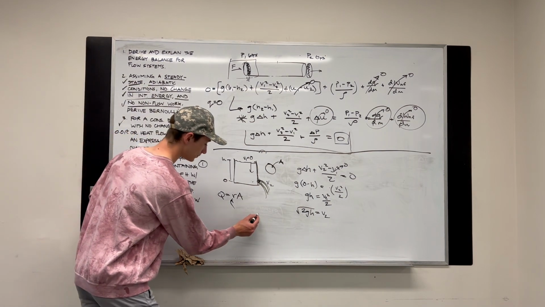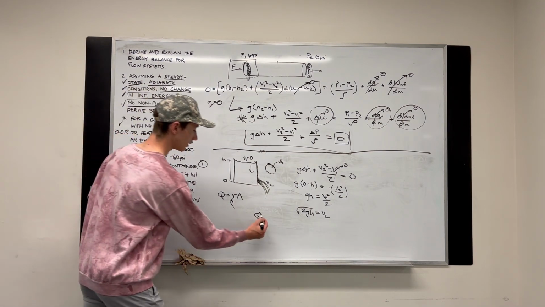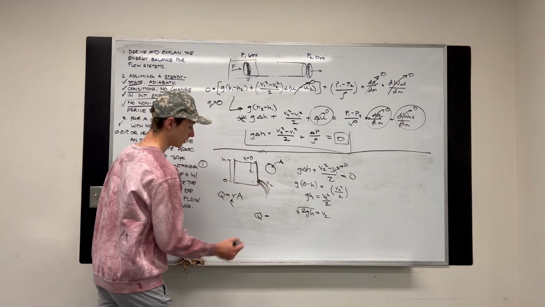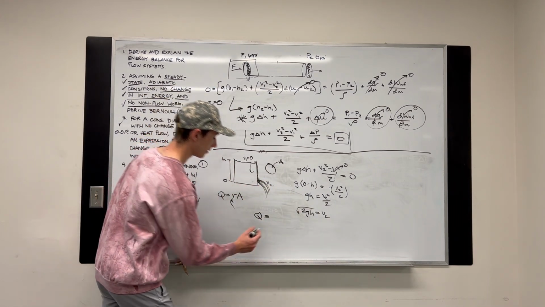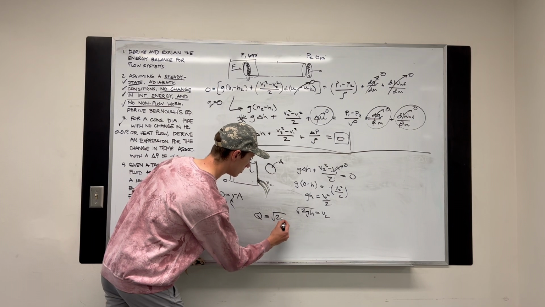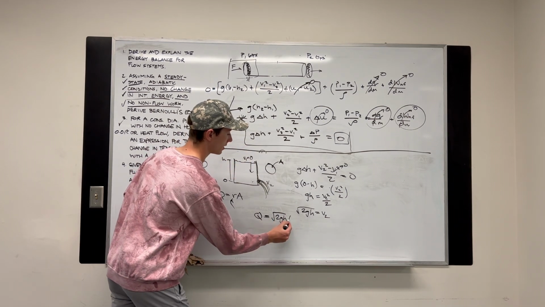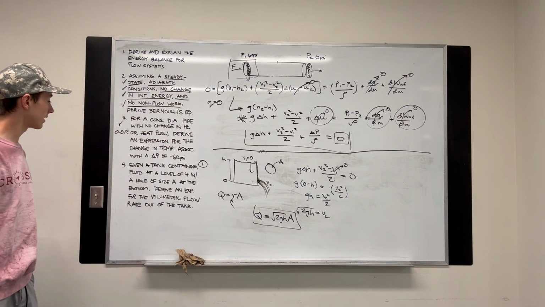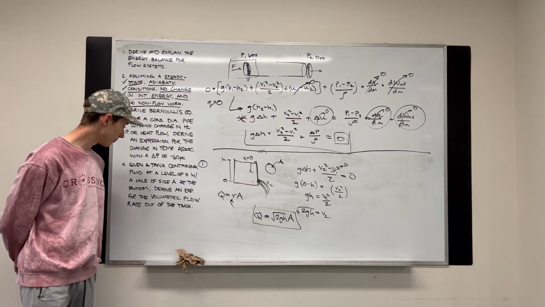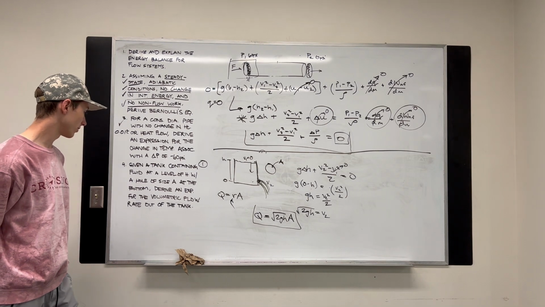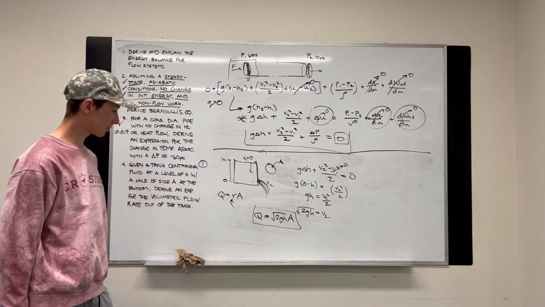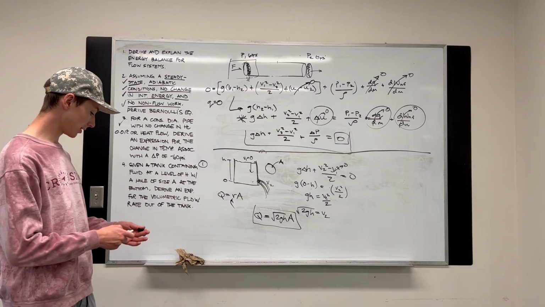So now we'll go Q equals, this is our expression for the velocity here, radical 2gh times the area of the hole. I think that's it. Given a tank containing fluid at a level of h with a hole of size A at the bottom, derive an expression for the volumetric flow rate out of the tank. We get the volumetric flow rate here, and I think we're good to go.